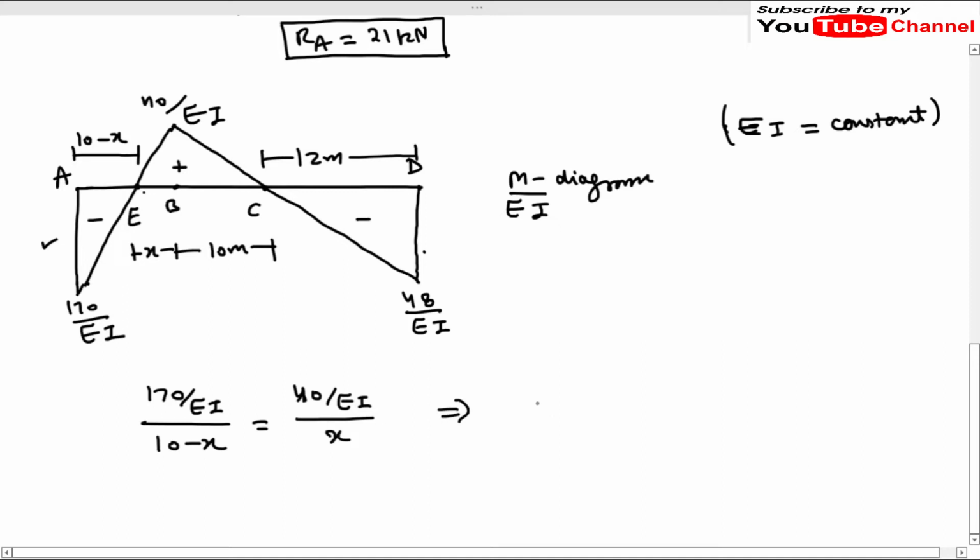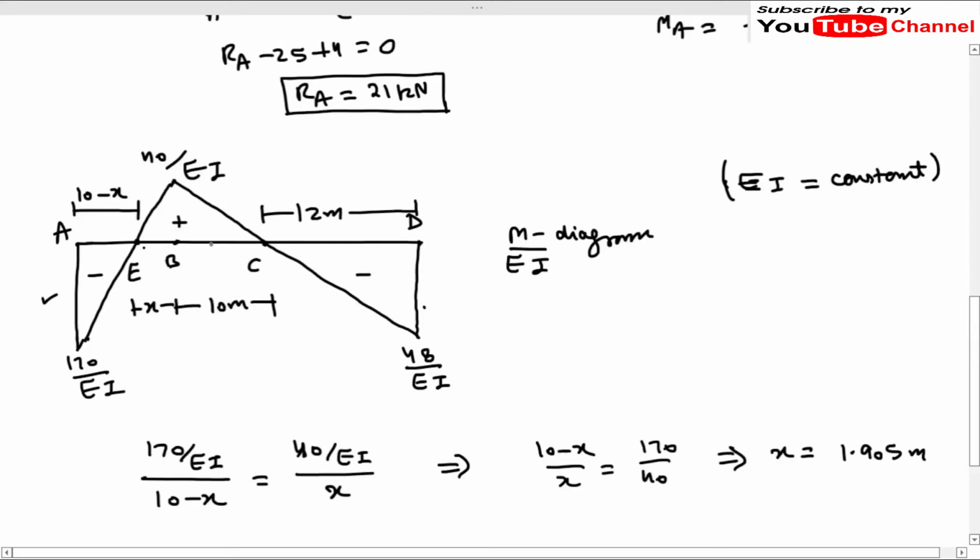So from here we will get 10 minus x divided by x equals 170 by 40, and after solving this equation we will get the value of x as 1.905 meters.